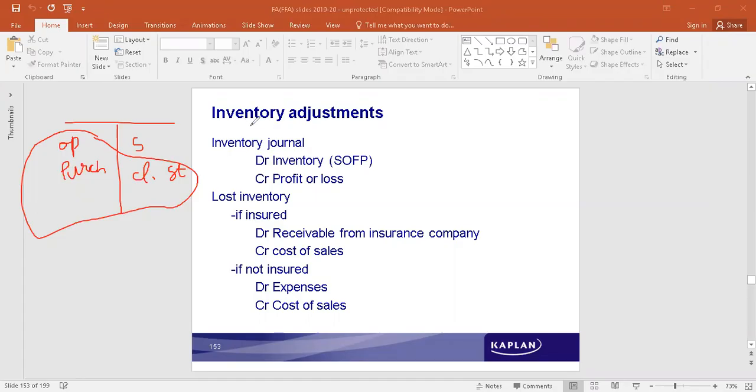What are the adjustments of inventory? Inventory is one adjustment. Earlier also we did discuss that. The inventory is not possible to be valued by the time the trial balance is prepared, because continuously inventory is issued to the production department.